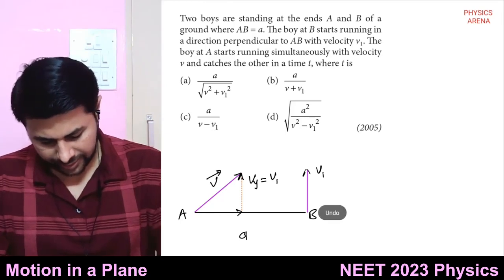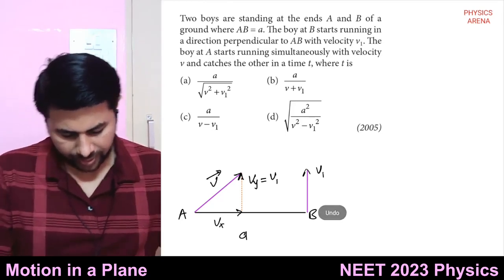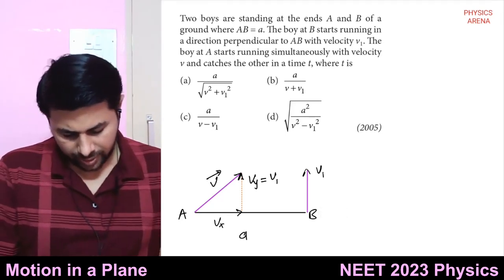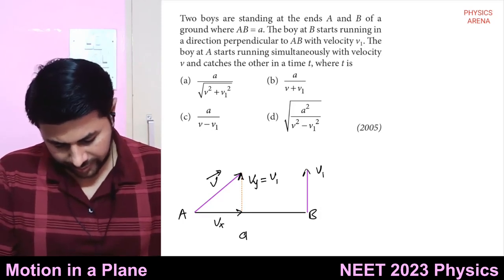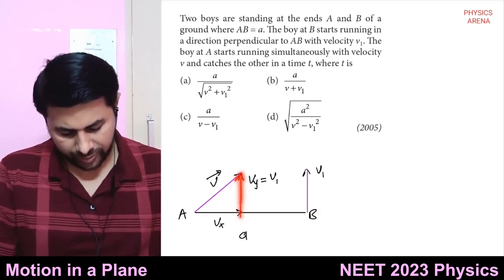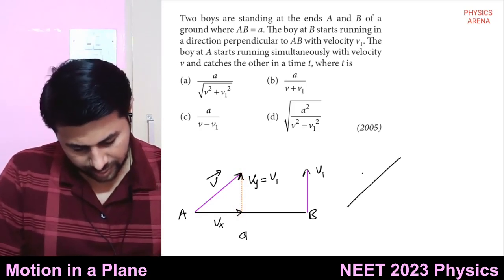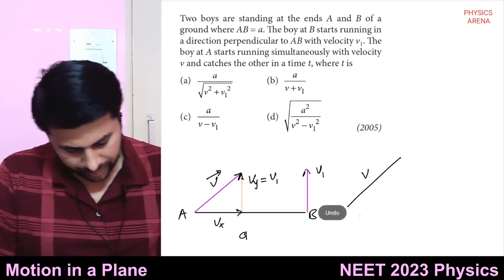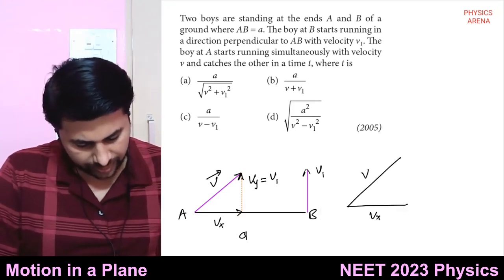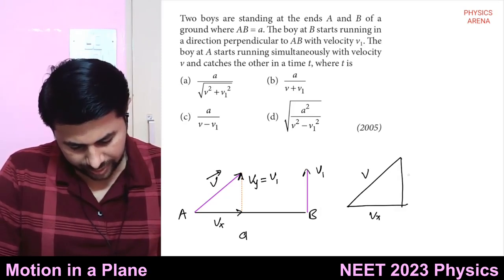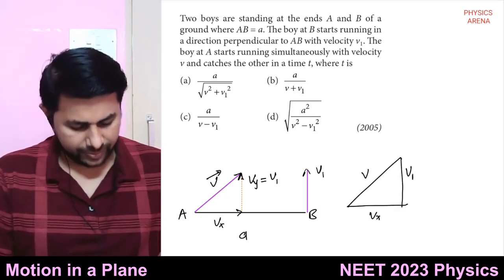So Vx is something we don't know. Now we can put this y component equal to V1. So this is V, this is Vx, and this much is V1.